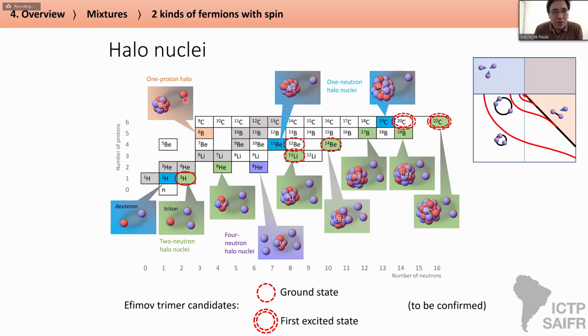Any questions for Professor Naidon? I think there is one in the chat. How big are the halonuclei compared to, for instance, the electron orbit? I'm trying to understand the question.